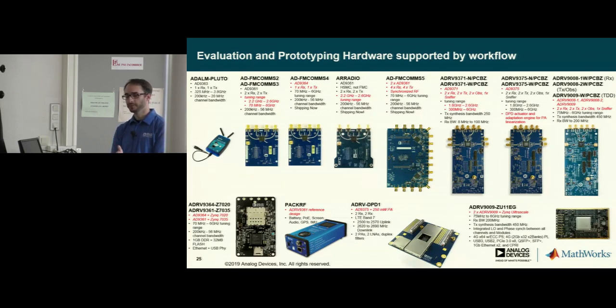So the difference between the 9363 and the 9361 is the RF bandwidth, so that front-end filter, as well as some other features of the transceiver that we don't give you access to, like multi-chip synchronization, which is not included in the 63, and I don't think external LO support is provided either. During tests, we don't guarantee that the part works over that entire range that the 61 is validated over.